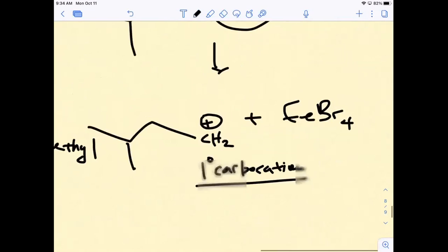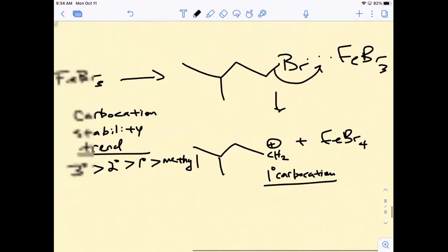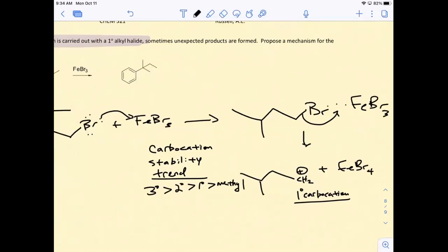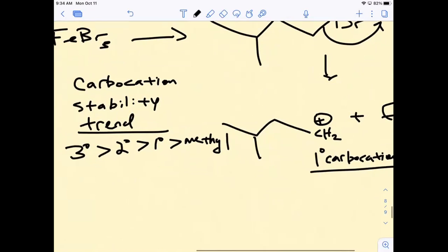And to help you think about that, look at the product that we got. All right, so what can we do to stabilize that primary carbocation?